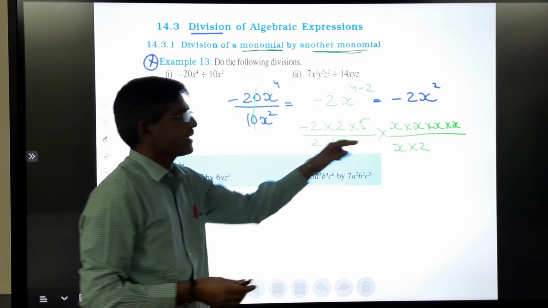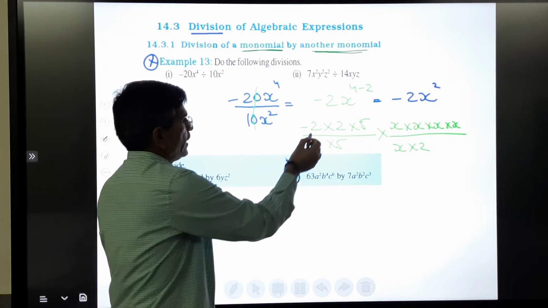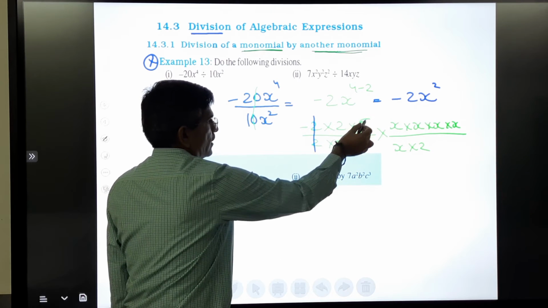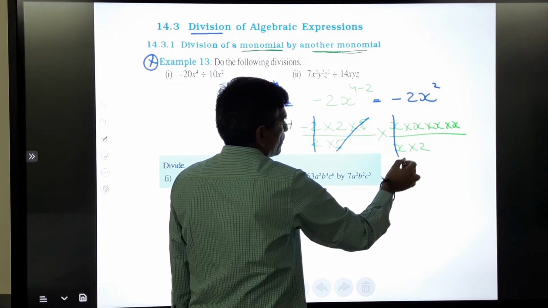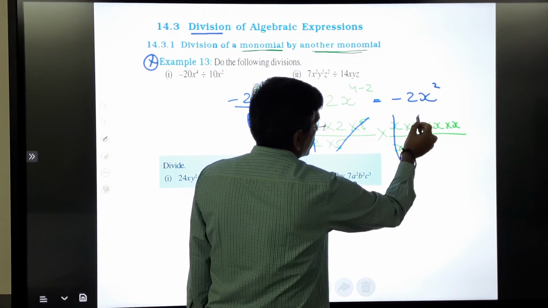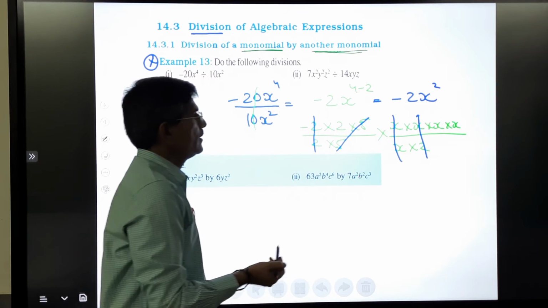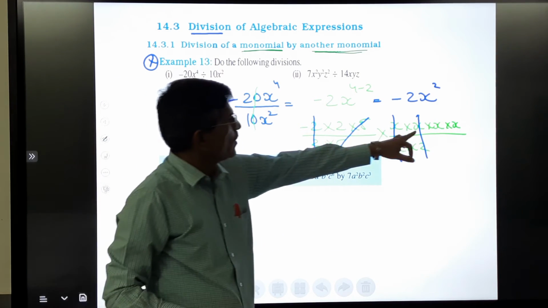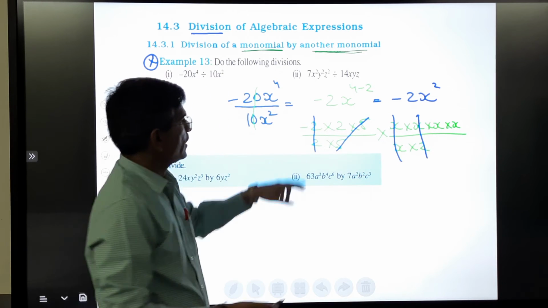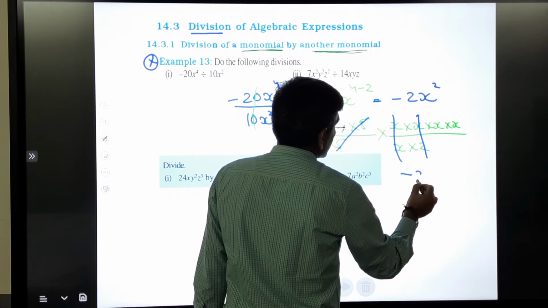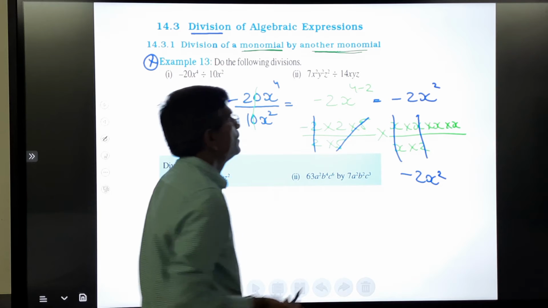So it is written in full, but it is too lengthy. So here it is cancelled, here it is cancelled, again one cancels, again cancel. So if you will see, x the power 2 remains. So again the answer is minus 2x the power 2.